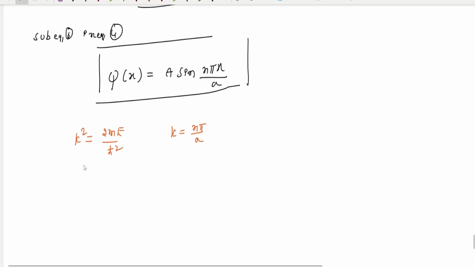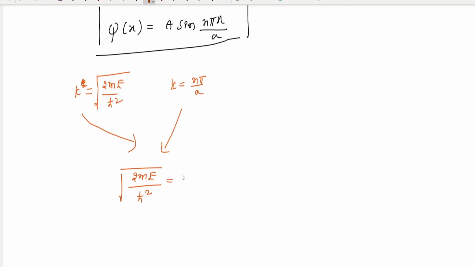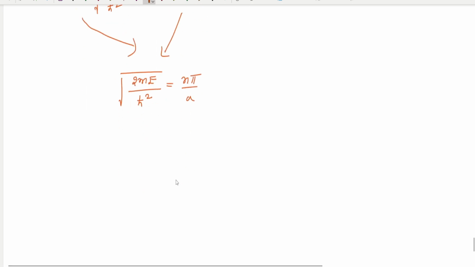So by using these two equations, I'm going to write them like this: 2mE divided by h cross square is k square, and k is n pi divided by a. I'm going to equate these two equations. Then you can square both sides.